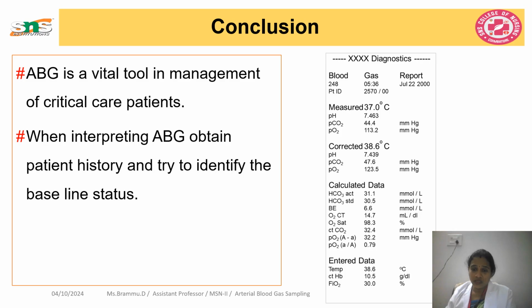So here we can check the corrected pH is 7.439, which is approximately 7.44, giving you data that the patient is not having any acidosis or alkalosis. The PCO2 is 47 and PO2 is very well maintained, around 123.5, the bicarb is also very stable, and oxygen saturation is 98.3.